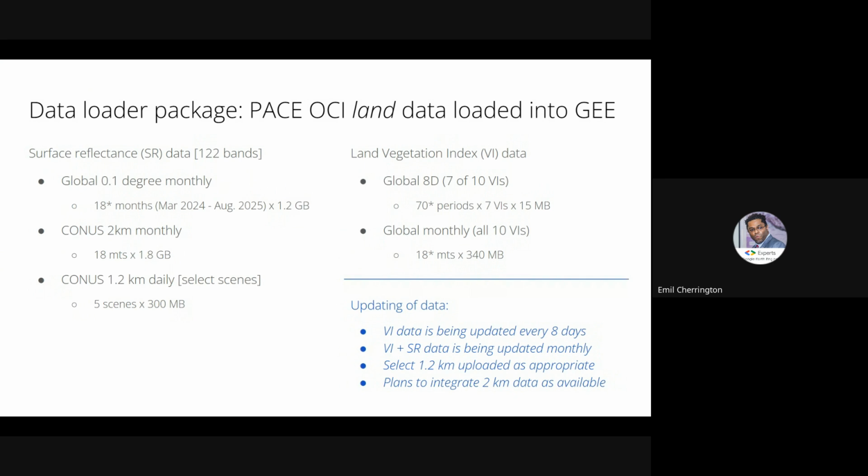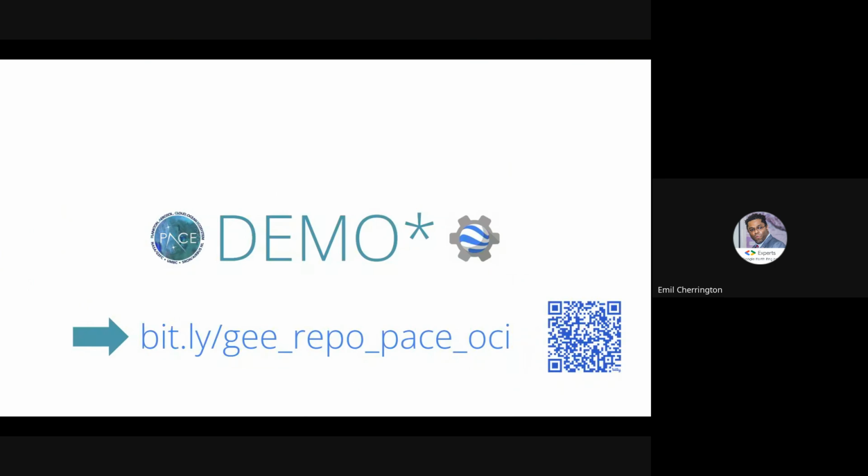In terms of how that data is updated, we try to update the data every 8 days as that VI data comes out, as well as provide access to monthly surface reflectance data, and then pulling select data sets at the native resolution as appropriate, and plans for integrating other data sets as they become available.